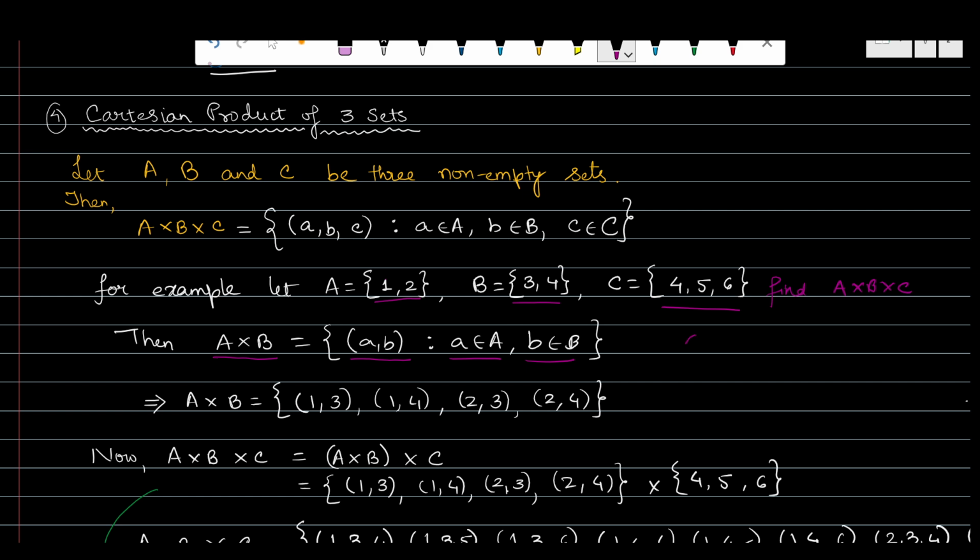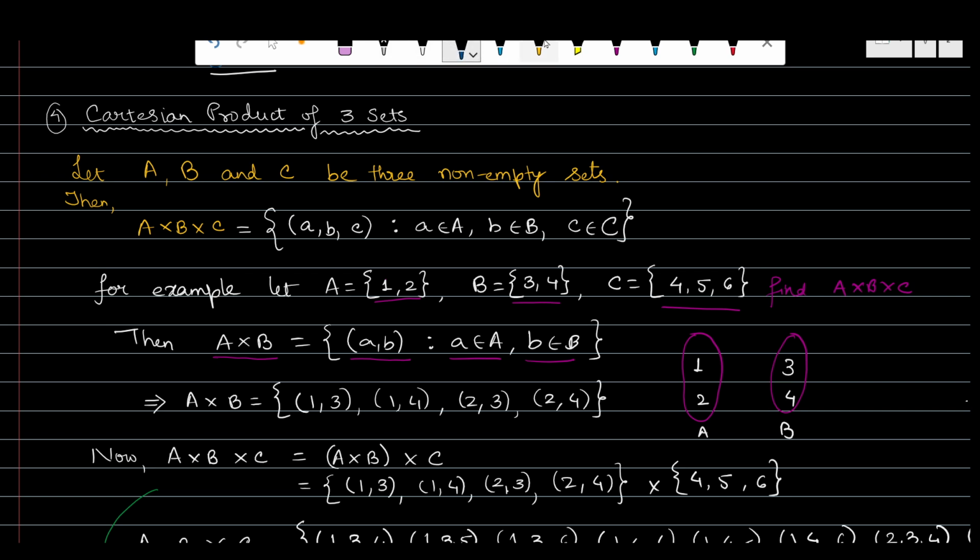If you want to see the arrow diagram, it will be like this for A cross B. This is your set A, this is your set B. Set A contains two elements, 1, 2. Set B contains two elements, 3, 4.